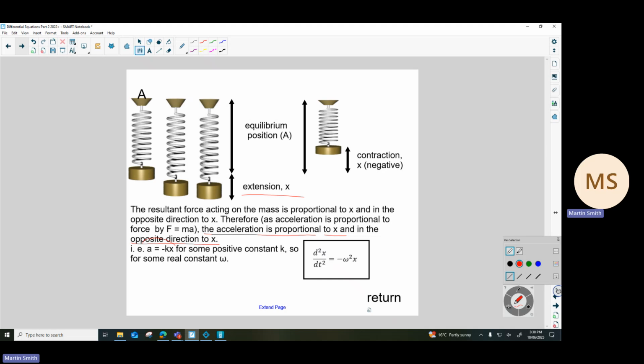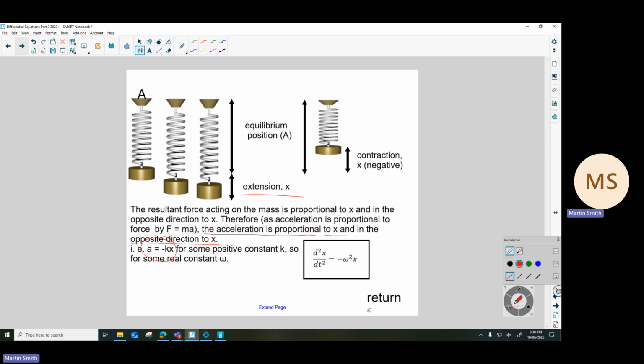So this means that a is minus kx. The acceleration is proportional to x, but in the opposite direction. If it's being stretched downwards, it's accelerating upwards. If it's being squashed upwards, it's accelerating downwards.